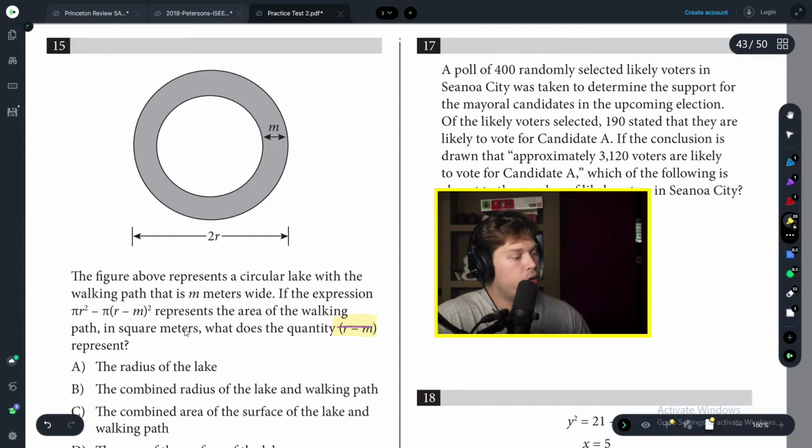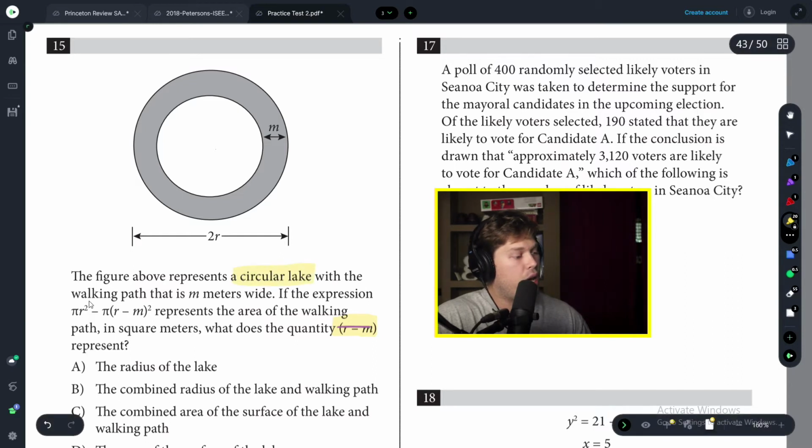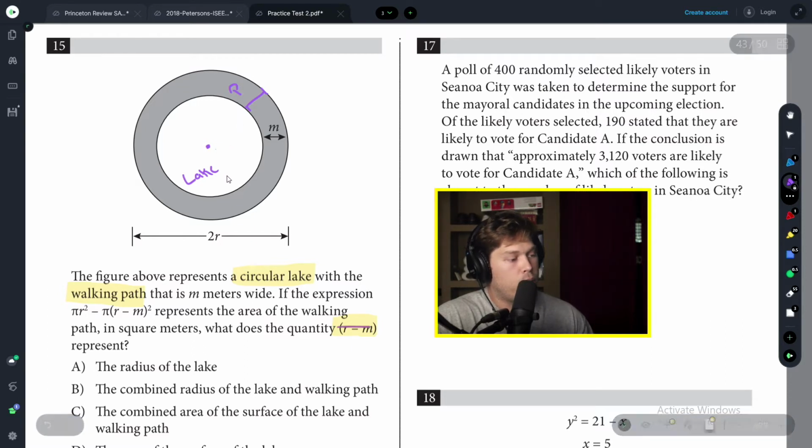So we're looking for what r minus m represents, and we're told that we have a circular lake with a walking path. So if we look, we see this white circle. This white circle is our lake, and this gray area is our path.